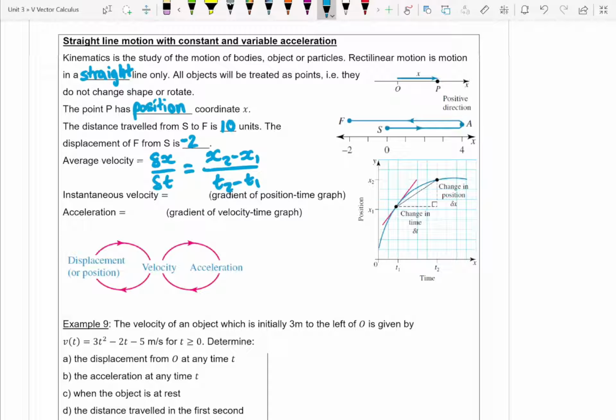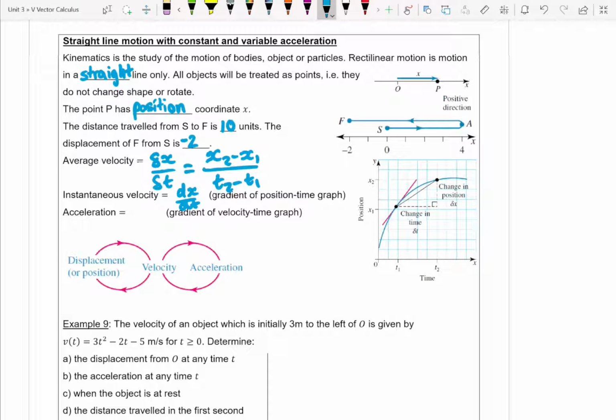If we want the instantaneous velocity, so that's this pink line here, we then want to take this a step further. Make delta t tend towards 0. Looking at that derivative from first principles, this gives us the instantaneous velocity, which is the derivative of x with respect to time.